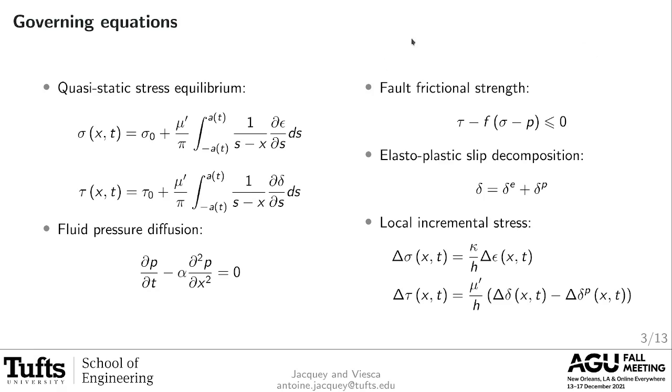And finally, we formulate the fault frictional strength using a constant friction coefficient f, and we rely on the elastoplastic slip decomposition to update the slip at each time on the fault. For that, we consider only zero dilation deformation, meaning that the fault opening is purely elastic and only the slip has a plastic component.